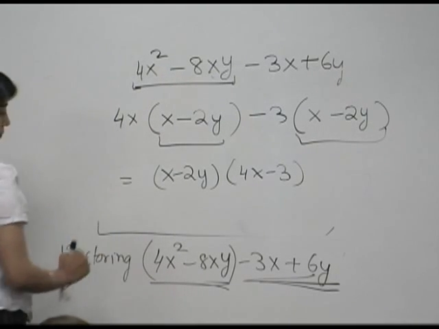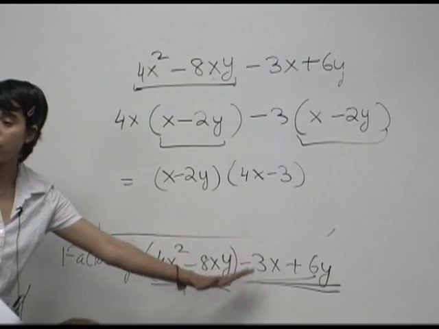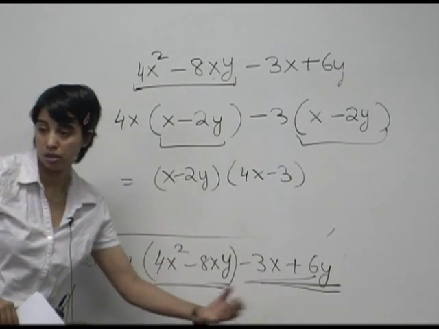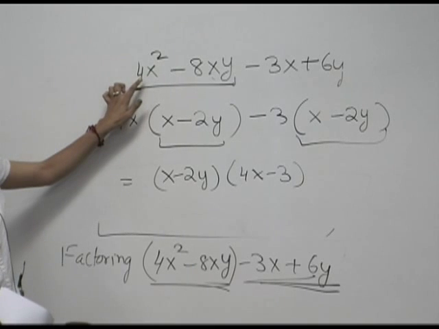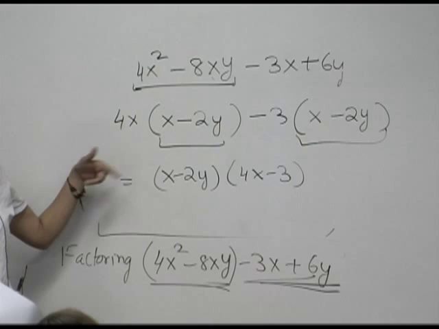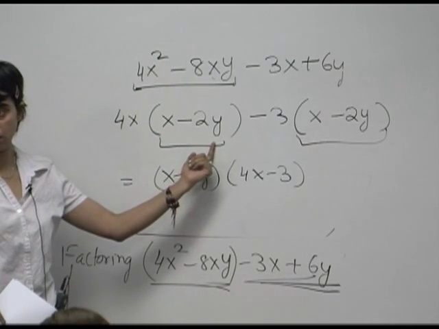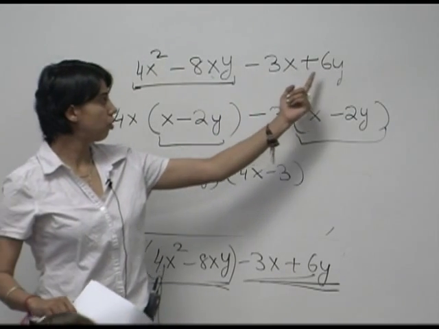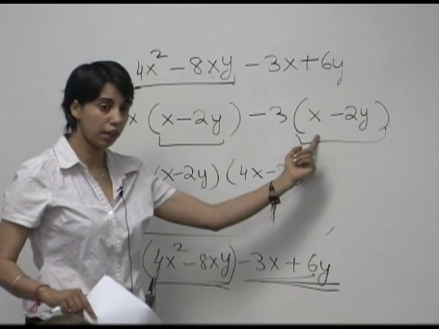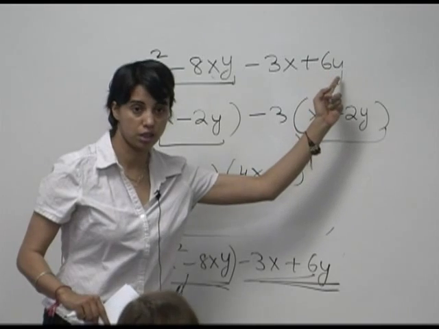So what I did, see here. Step 1 was grouping by pair, right? We made one pair and then another pair, and I saw what I could pull out common from the first pair. So I pulled out 4x common, a number as well as a variable, and I was left with x minus 2y. Here, if I pull out negative 3 common, I get positive x, and negative 3 times negative 2y gives positive 6y.